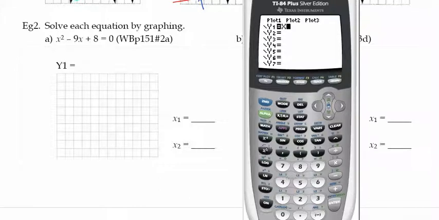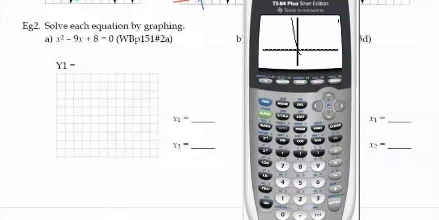So here with x squared minus 9x plus 8, if I draw the parabola of this quadratic function, I will see this parabola going across the x-axis somewhere. And the x-intercept on your parabola would then be the zeros, the answer or the root for your equation.